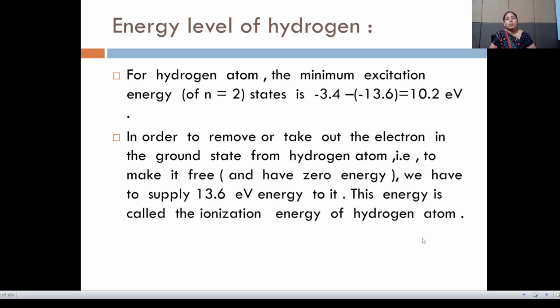In order to remove or take out the electron in the ground state from the hydrogen atom, that is, to make it free and have zero energy, we have to supply 13.6 electron volt energy to it.